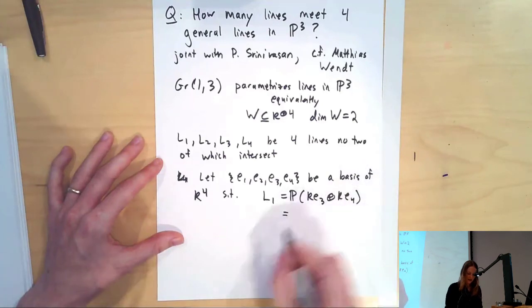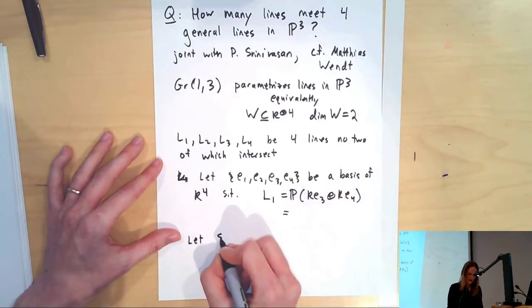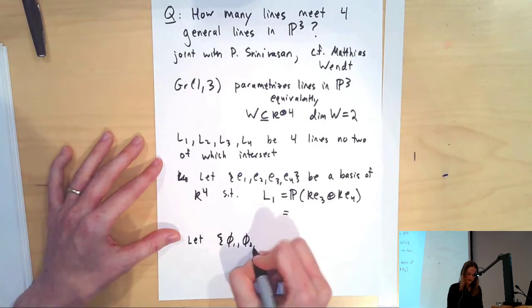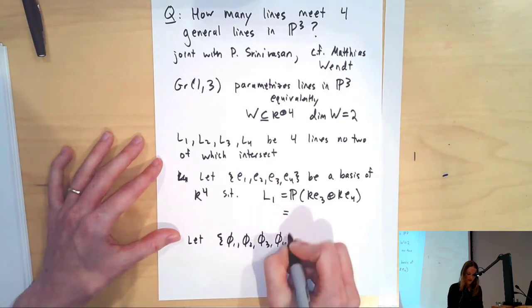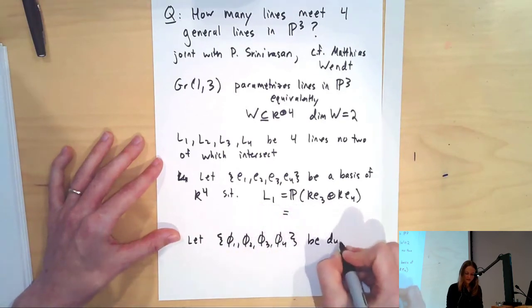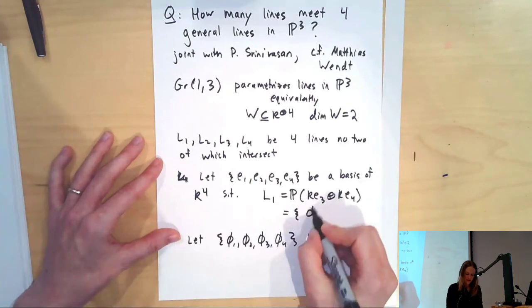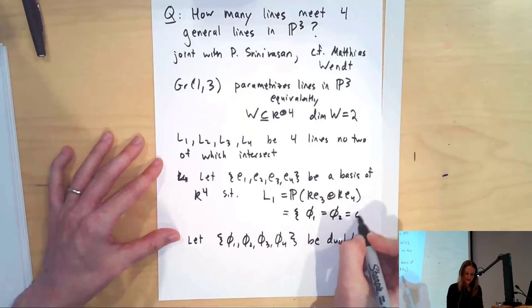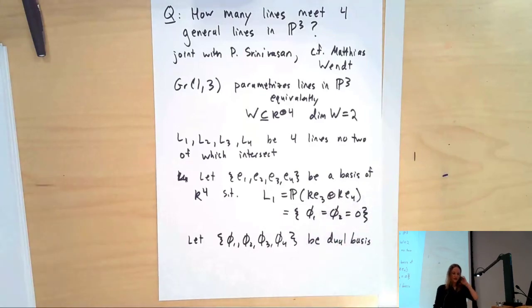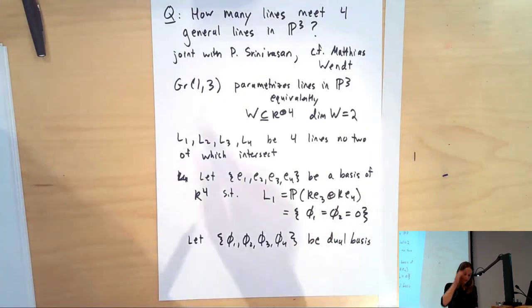So equivalently, if we let phi1, phi2, phi3, phi4 be the dual basis, then this line is given by the vanishing of the two equations, phi1 and phi2.